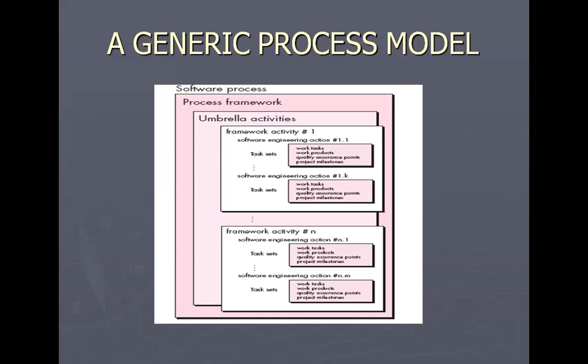The next phase is modeling. What do you mean by modeling in software engineering? This activity encompasses the creation of models that allow the developer and the customer to better understand software requirements and the design that will achieve those requirements.